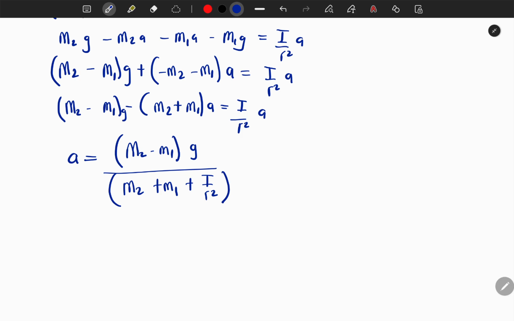But you might wonder, why are you finding acceleration? Well, you'll see. We can now plug in everything. m1, m2, 0.52, 0.50, we know that, right? Multiply by gravity, we can use 9.8.